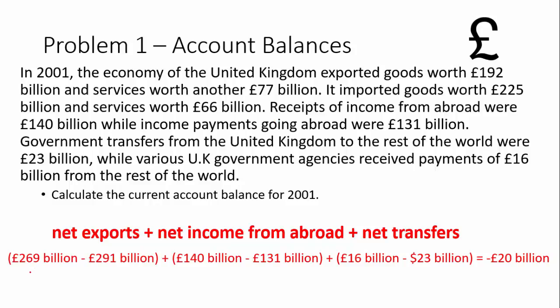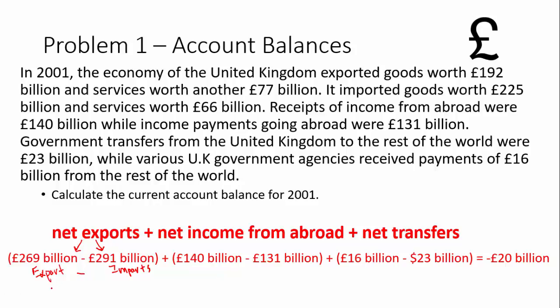We have 269 billion minus 291 billion. This right here is our net exports. Within the net exports, we have exports, so in this case, we're doing our exports minus our imports.